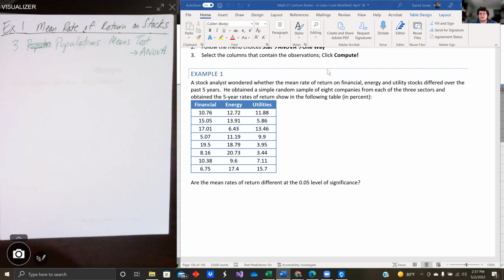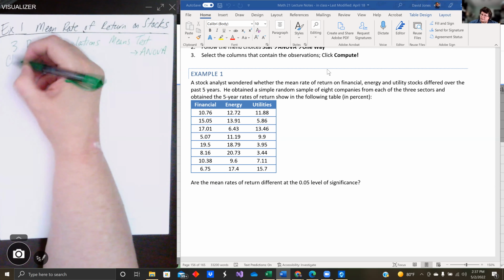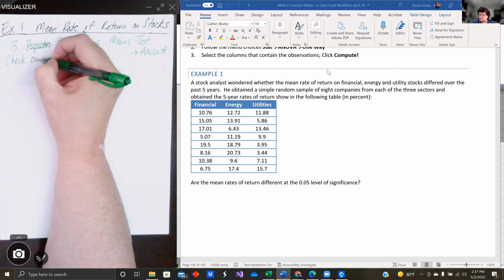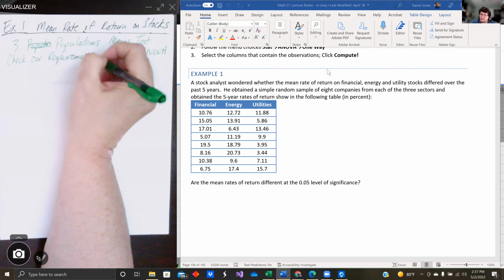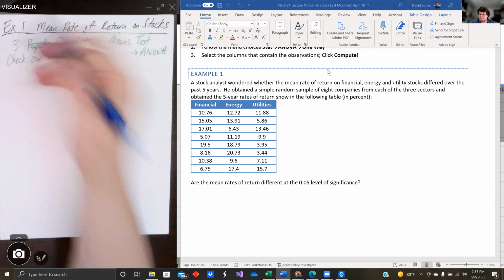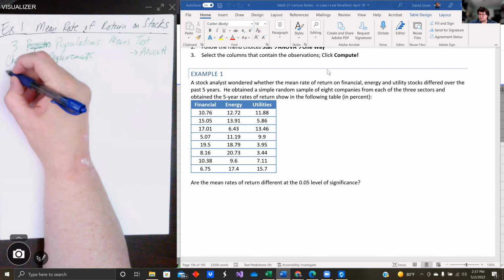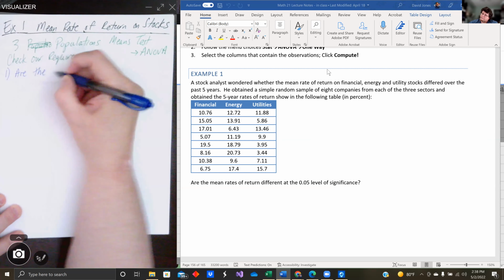Okay, so we need to test a few things. Let's check our requirements first. The first one we check: are the variances approximately the same?